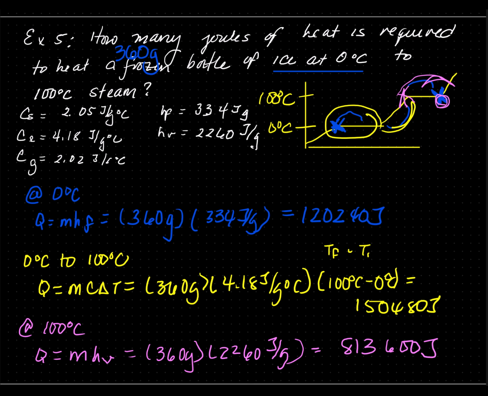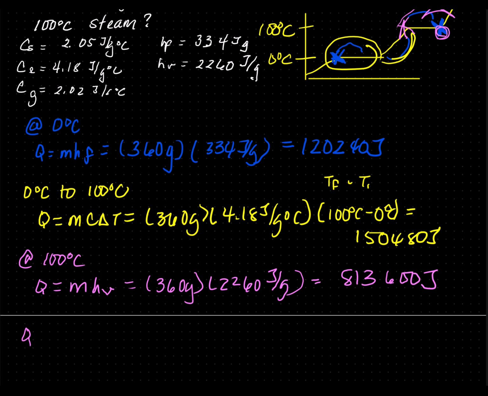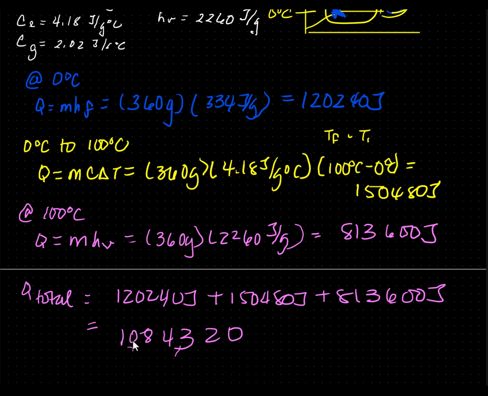Everything should come out positive because we're going from 0 to 100, so we're adding heat. So this is an endothermic process. To find the total energy, we go Q total, which is 1,084,320 joules. Again, the better way to write this is in scientific notation, so this is 1.084 times 10 to the 6 joules, or you could write this in kilojoules.